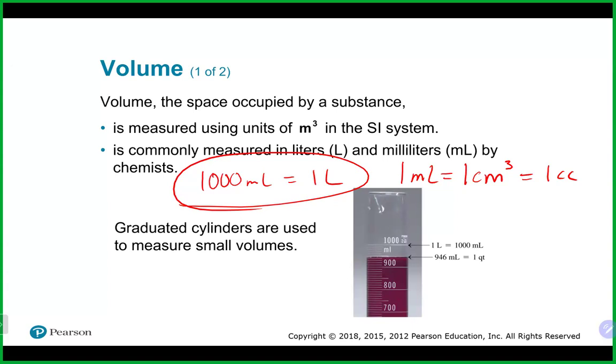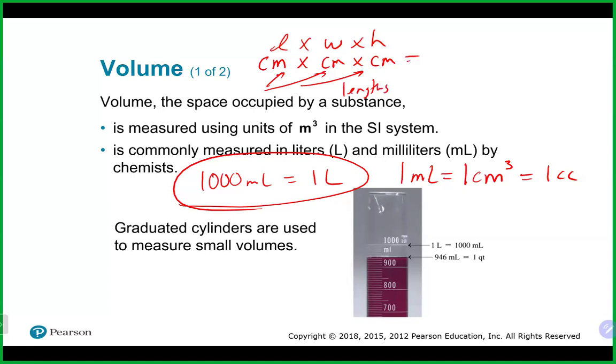So if you have something like a cube, one way you could get the volume of a solid object, let's say a cube, is you could take the length times the width times the height. And each of these are length measurements. So you take centimeters times centimeters times centimeters. Each of these individual measurements are lengths.